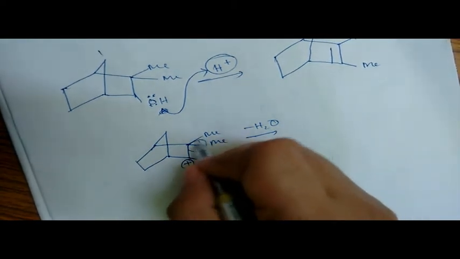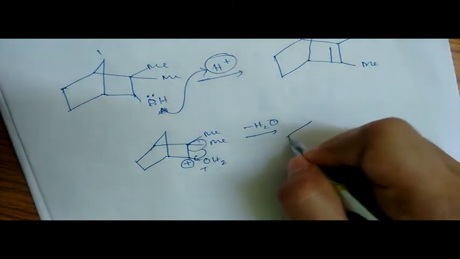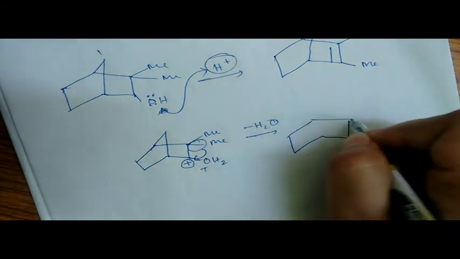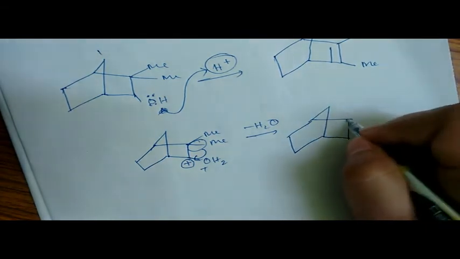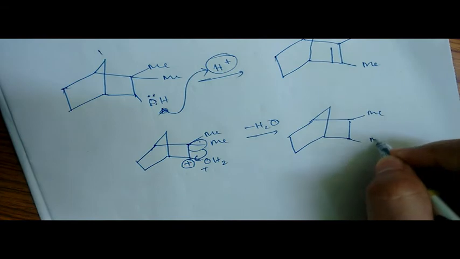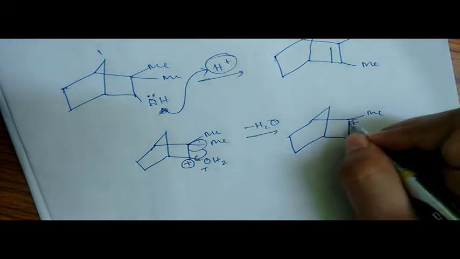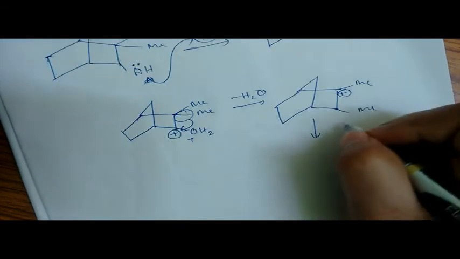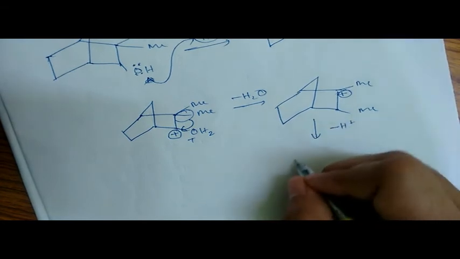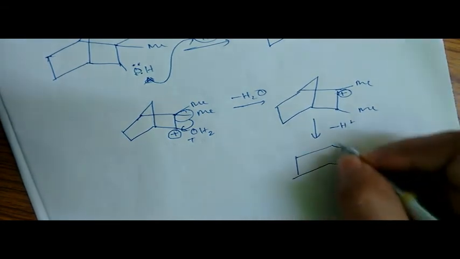The methyl group migrates here and a carbocation is generated in this position. After that, attack of OH minus takes place and we get this product.